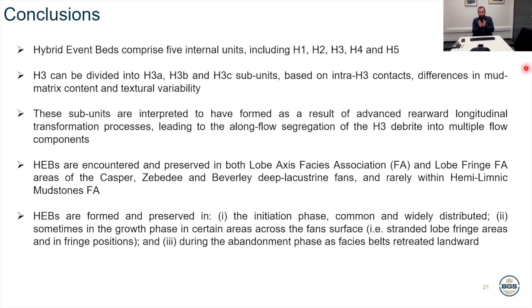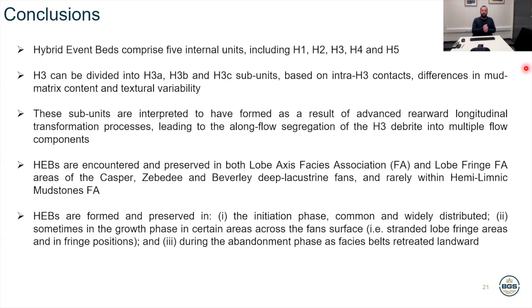So the flow processes in geology have a greater control on overall architecture and how that fan builds up over time, and that impacts upon where you find HEBs within the fan system. When you're reservoir modelling, that's very important to consider, because that might fundamentally change their distribution in your reservoir models from how you might have distributed them using the examples from the marine setting. So lots to explore on that.